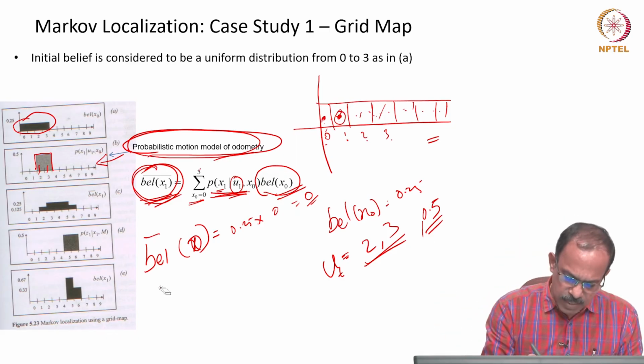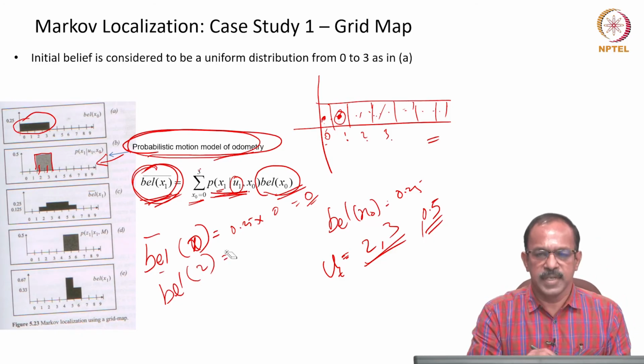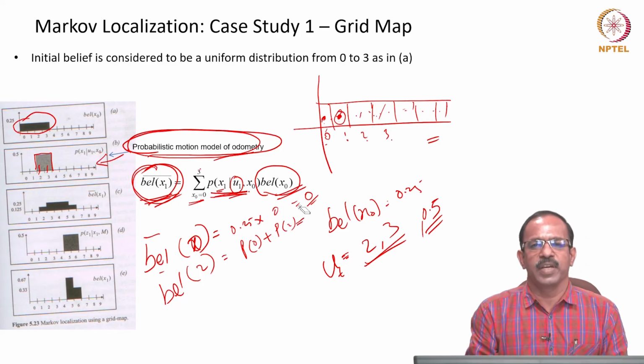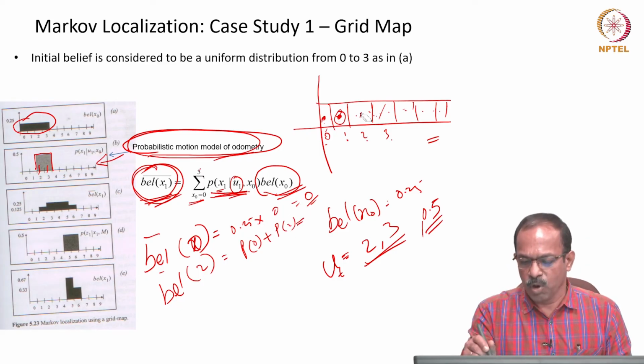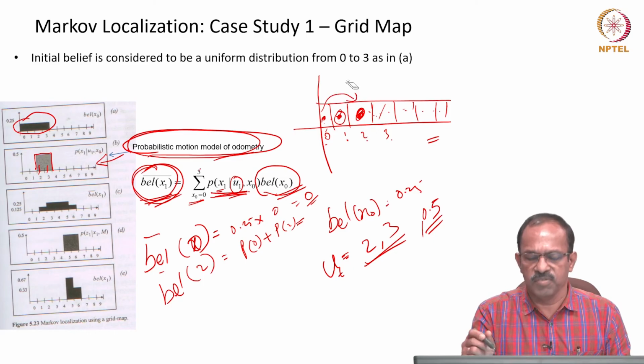Now, what is the probability that the robot is at 2? The only way is that the robot was at 0 and the robot has travelled 2 units. So, the probability of the robot being at 2 is: initially it was at 0 and then the robot travelled 2 steps.